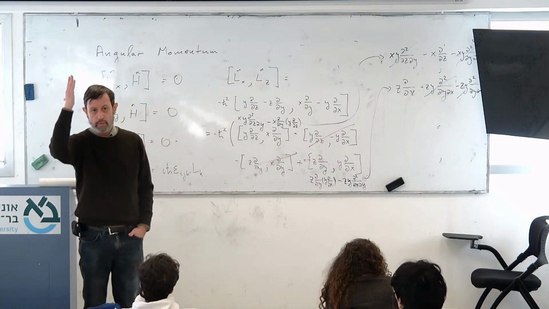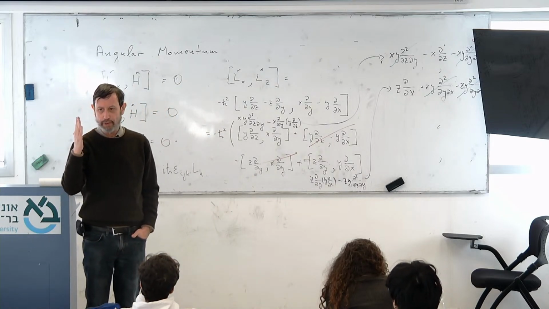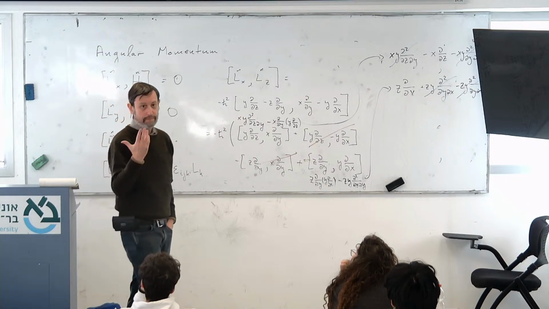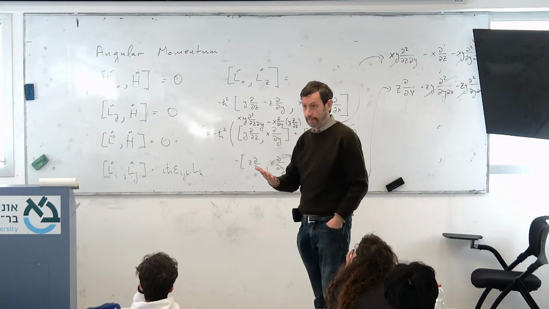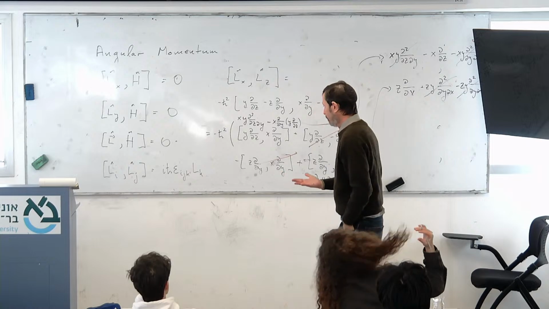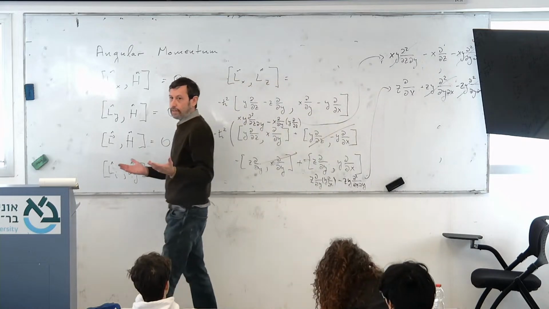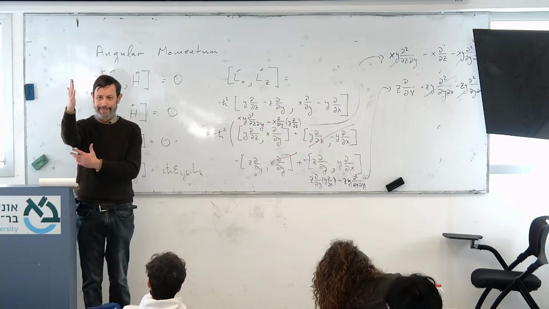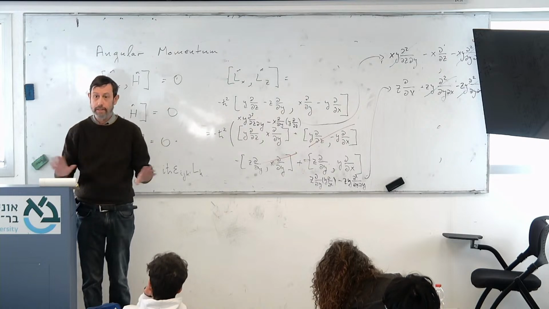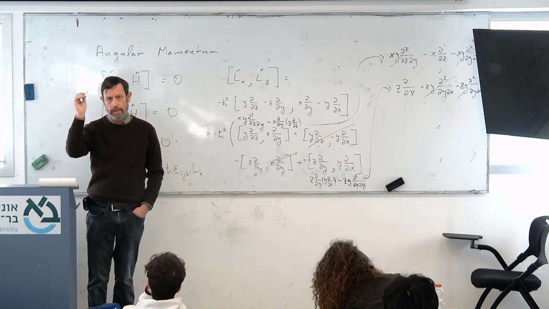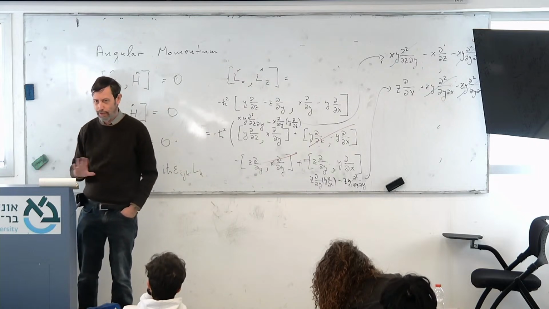I can perform a measurement of one of its components, but if I measure one of its components, I don't know the other 2. Another example of the uncertainty principle. Okay, so this classical picture, I know L squared and I know all components, doesn't exist in quantum mechanics. You can know L squared, you can know one of the components, but not all of them.